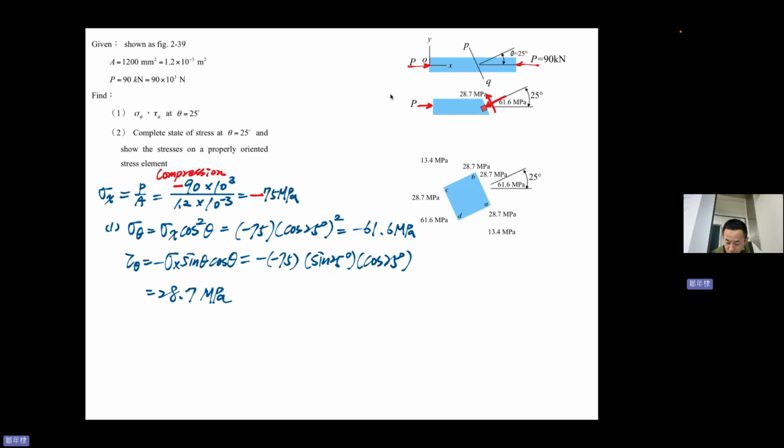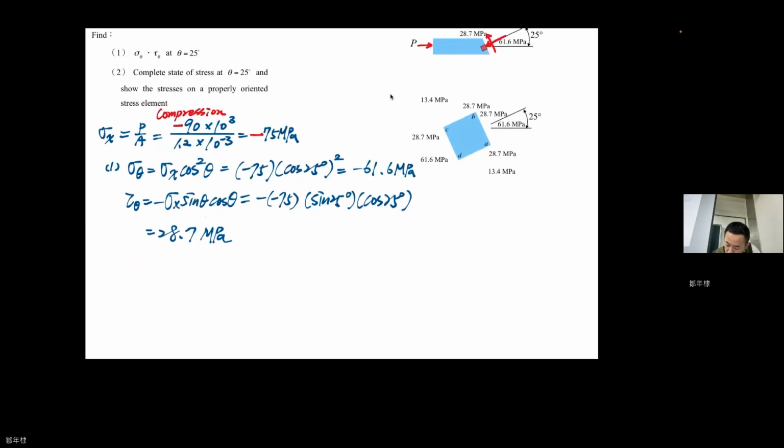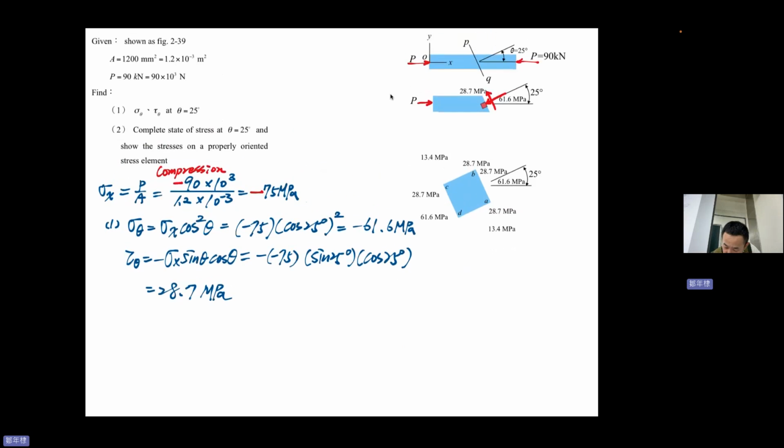Right. So this is the first problem. Complete the states of stress at theta equal to 25 degrees and show the stresses on a properly oriented stress element. So a stress element means that you need to plot this square, with proper shear stress and normal stress on it.